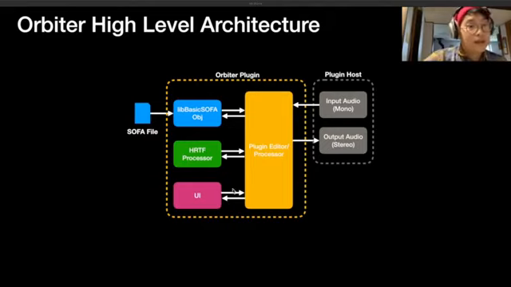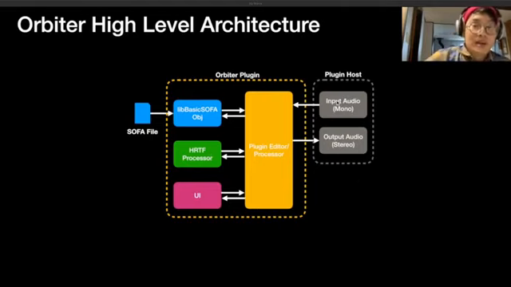When the source position in the UI is changed, that triggers the plugin processor to find the corresponding head-related impulse response. Once it finds that, it passes it into the HRTF processor. This is where the HRTF is applied to the input audio.